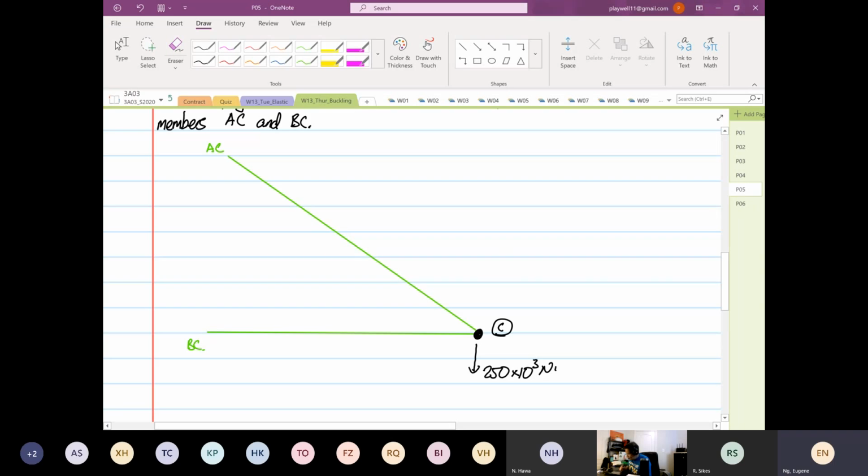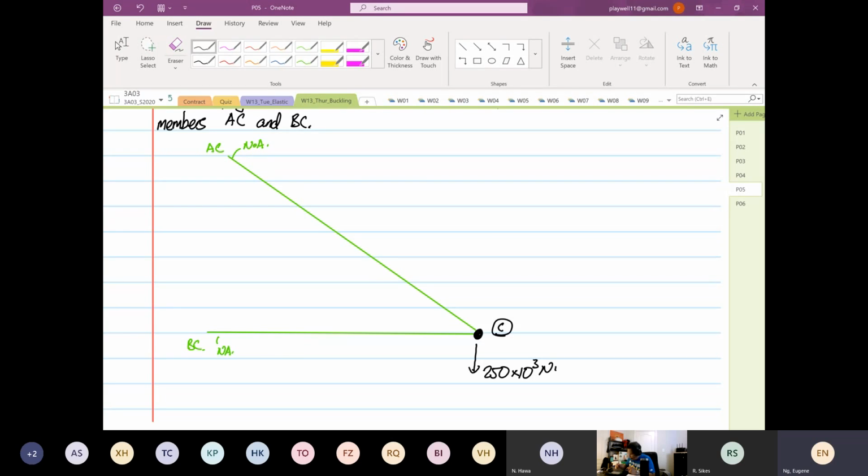So now if you look at C, right, due to the 250 kilonewton, the point C is going to come down. Okay. And because this is truss analysis, right, the forces have to be drawn parallel to the neutral axis. So all these are our neutral axis, right? So the only member over here that can withstand a vertical load is member AC, right?